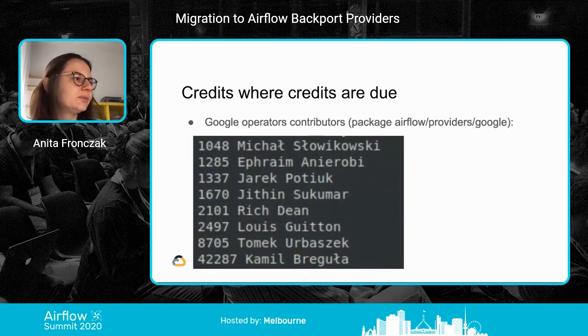There are lots of people: Kamil Breguła, Tomasz Urbaszek, Jarek Potiuk from Polidea. And when it comes to those providers, they not only migrated them, they have also added a lot of nuance. The details will be in the next slides.